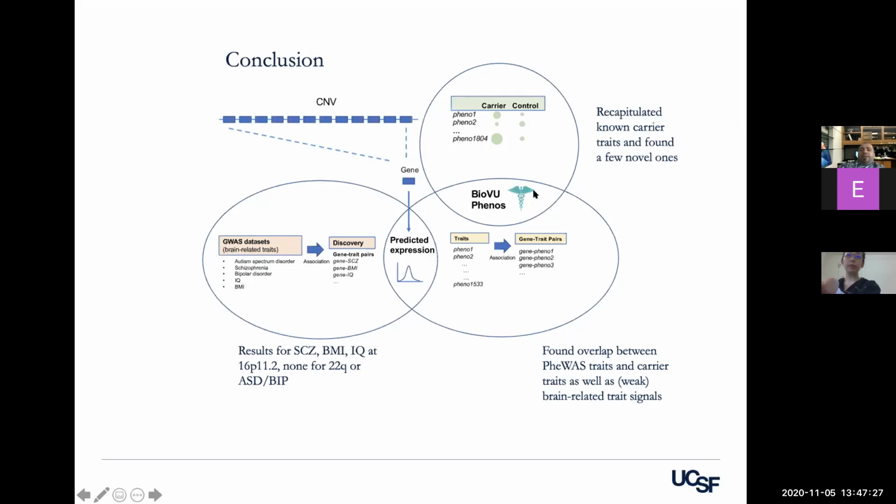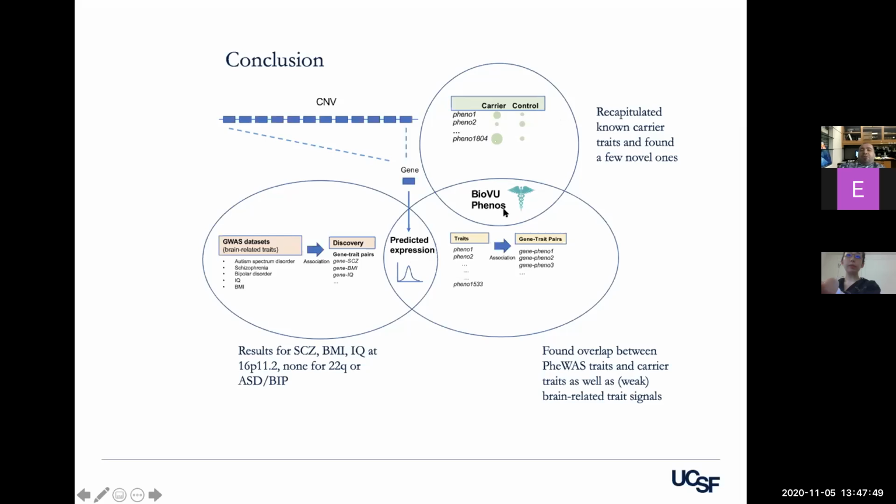Second, we went into this biobank and looked at medical records, and we compared different phenotypes there, and we recapitulated known carrier traits and found a few novel ones.